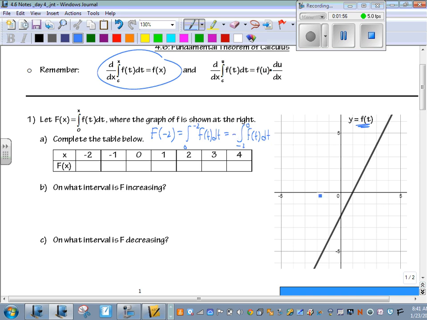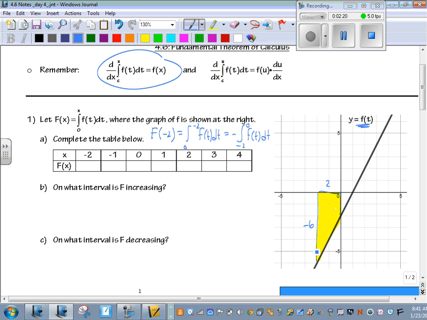So the area from negative 2 to 0 is going to be this little region right here. This is the height of our trapezoid, right? Distance between the two bases, that's 2, because we're going from negative 2 to 0, it makes it positive. This is a base of our trapezoid here, and that's actually negative 6, right?